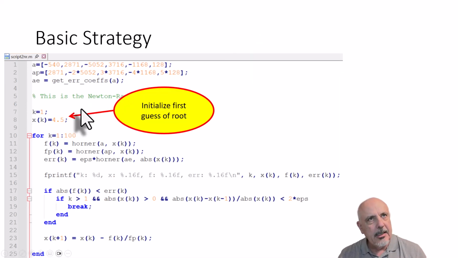Okay, and then the next thing is I initialize my first root. I know 4 is an answer, but I'm going to start at 4.5, and I'm going to say that my iteration is 1. So I'm going to initialize my array of x's with 4.5 being the very first one. And then I'm going to create a for loop here.